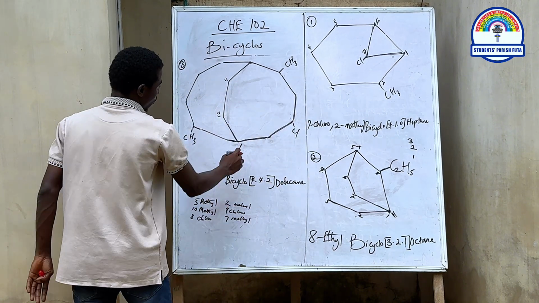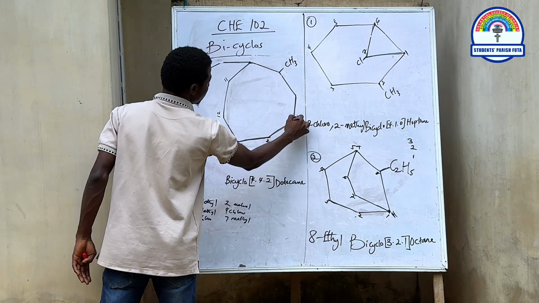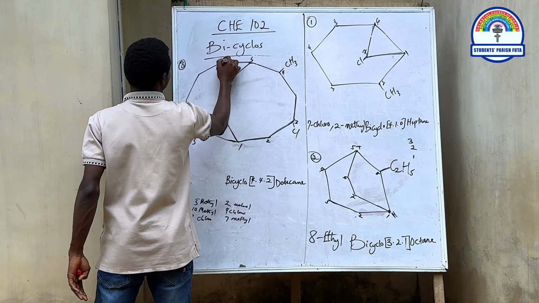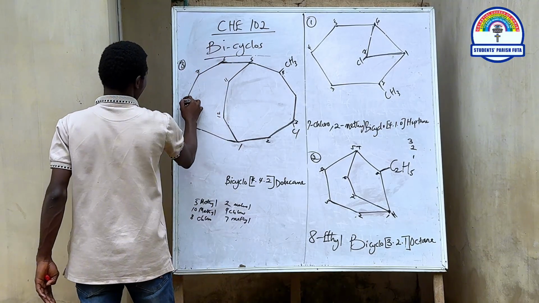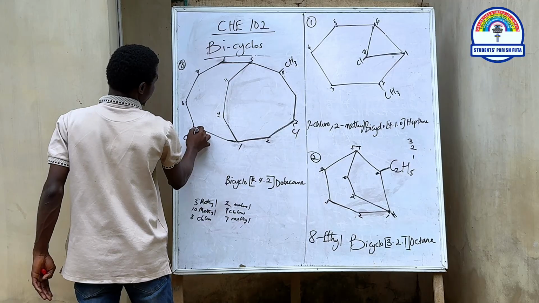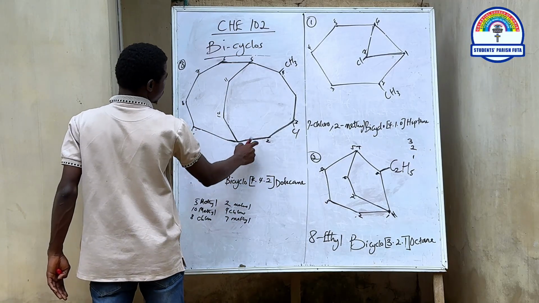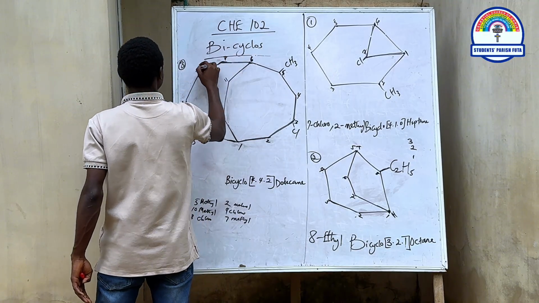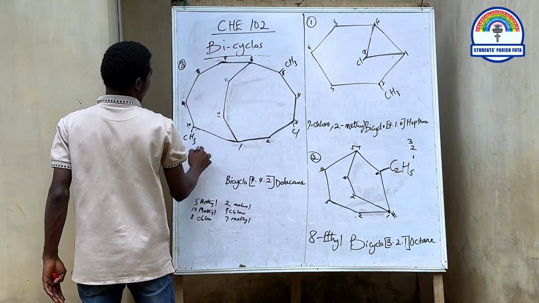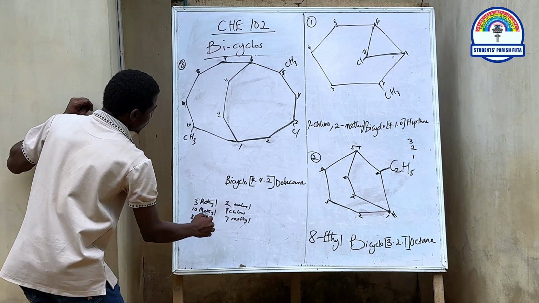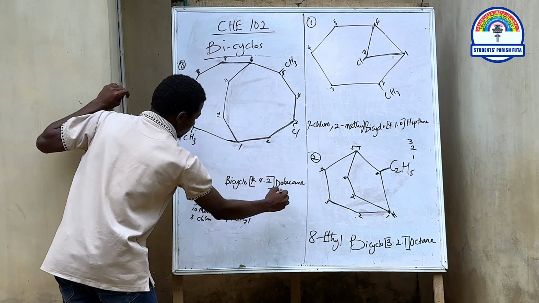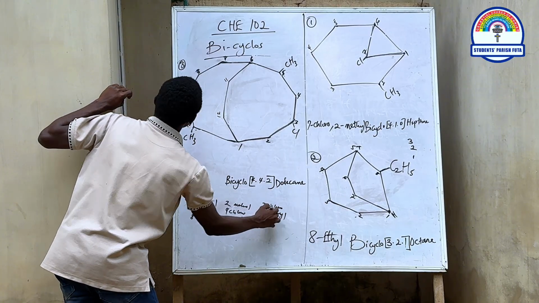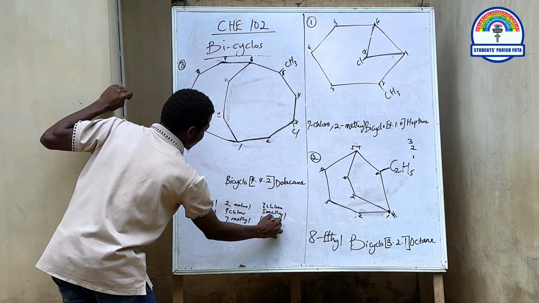So for this one, 1, 2, 3, 4, 5, 6, 7, 8... there's a mistake somewhere. 1, 2, 3, 4, 5, 6, 7, 8, 9, 10, 11, 12. So this one would have been 3 chloro, 5 methyl, 10 methyl.